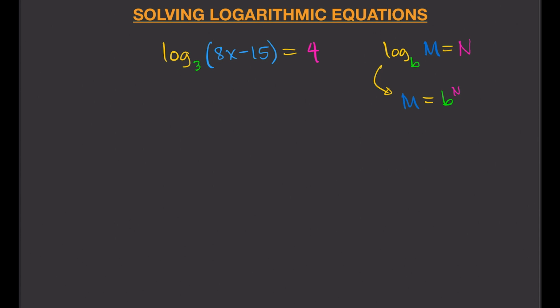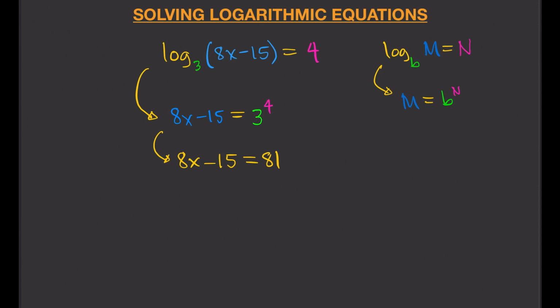So therefore we can write this as 8x minus 15, that's our m, equals 3 to the power of 4. And well, we know what 3 to the power of 4 is. 3 to the power of 4 is 81, and so therefore we can now write this as 8x minus 15 equals 81.